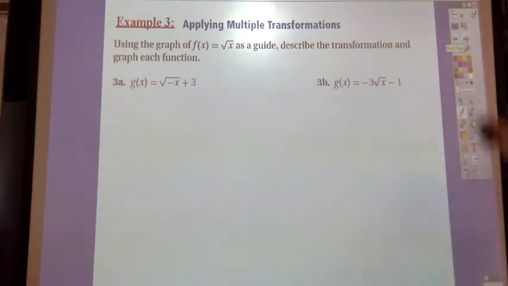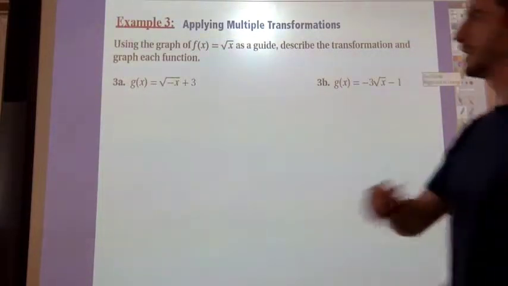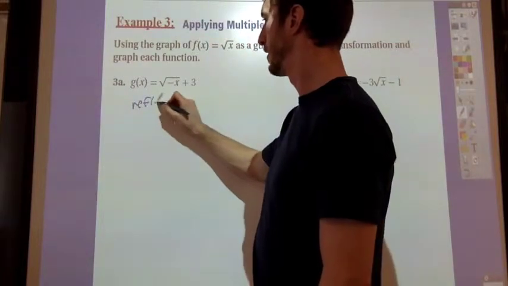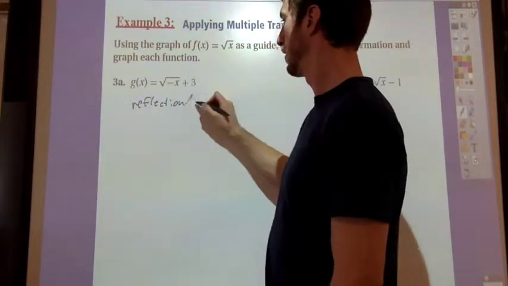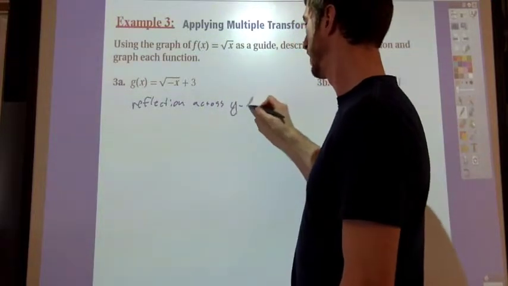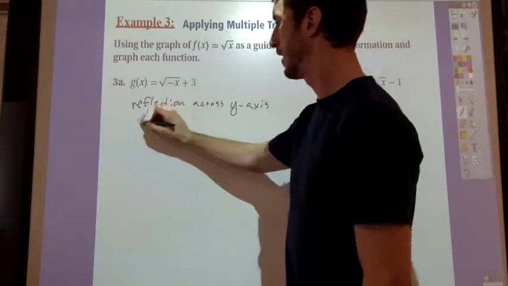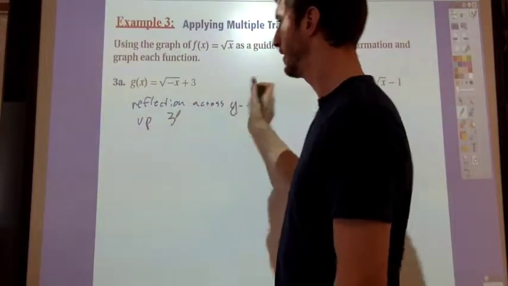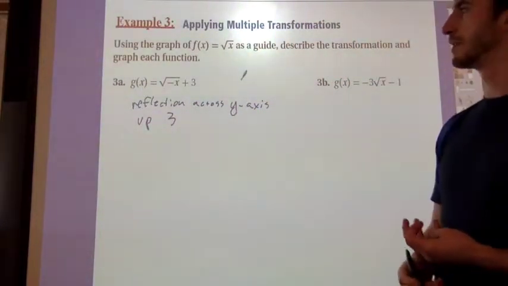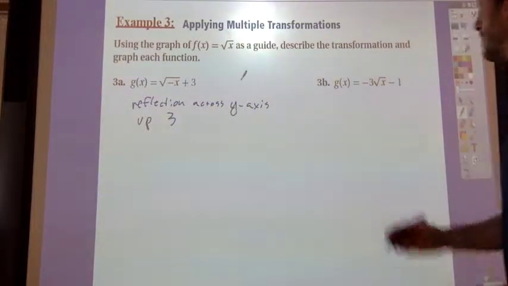Okay, more. I'm going to do these pretty quick. This is a reflection across the y-axis again. And we're getting shifted up 3. I don't think I need to take your time to graph that.